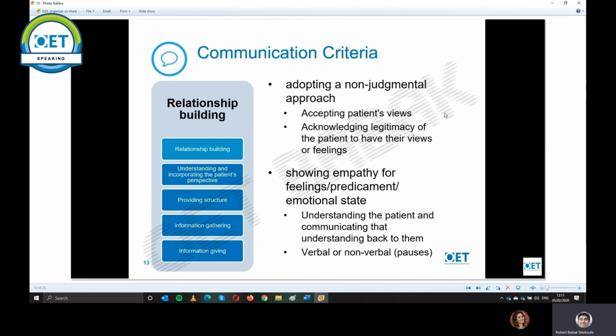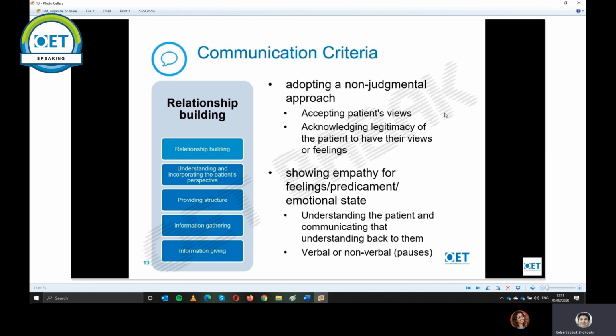Okay, so if you just say, "Oh, I'm sorry," that means you are showing empathy. For example, if you say, "Oh, sorry to hear that. I know it can be difficult." Okay, so this means you say that you understand their feeling or their emotional state or predicament, and you say you're sorry. It can be verbal or non-verbal.